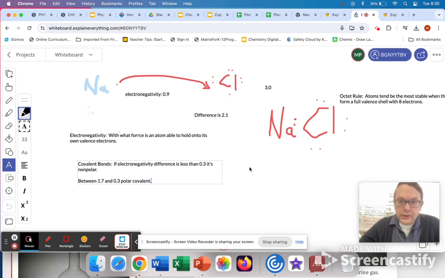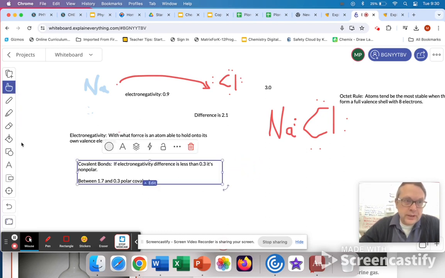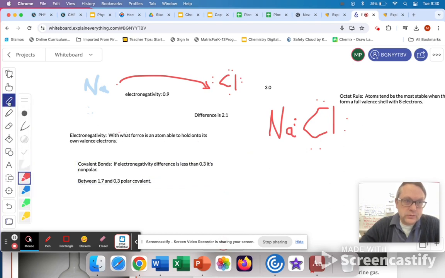So when chlorine is chlorine gas, like we saw in the video, the formula is Cl2. And so 2 chlorine atoms bonded together, obviously the difference in electronegativities is 0.